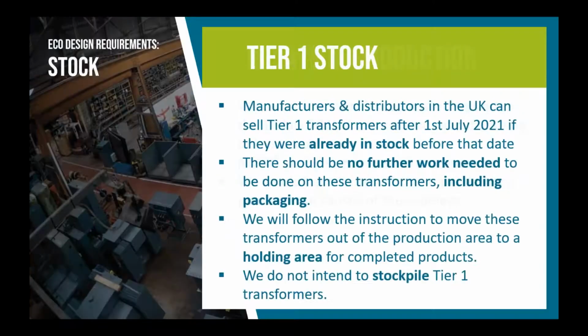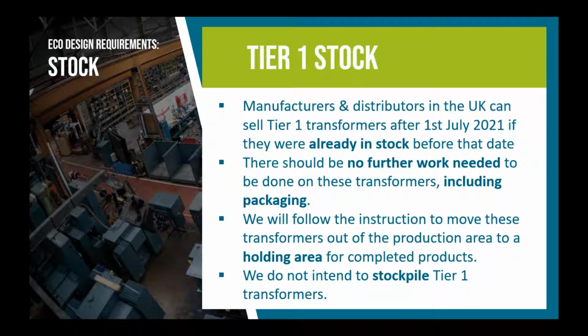So the making available bit that we talked about, when I said that we as Wilson Power Solution can work as a distributor, it's more about stock, really. It's about Tier 1 stock. So we do not intend to stockpile Tier 1 transformers, as this causes a conflict with the aim and spirit of the regulation.